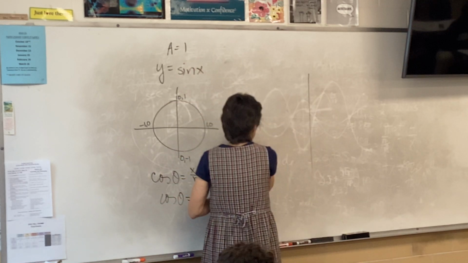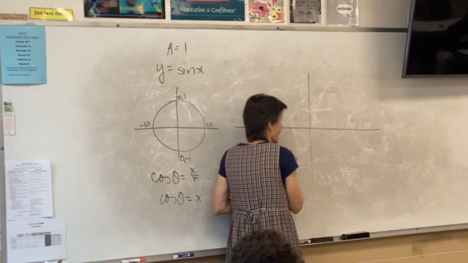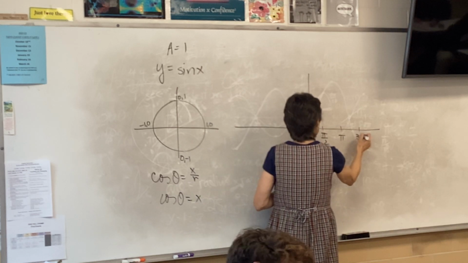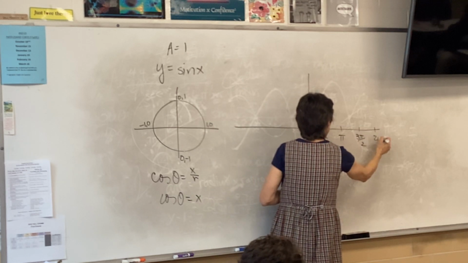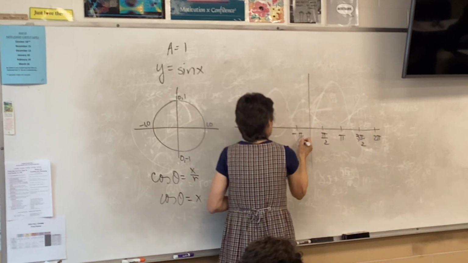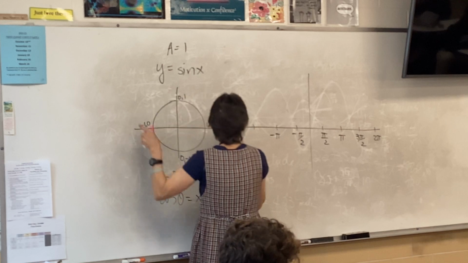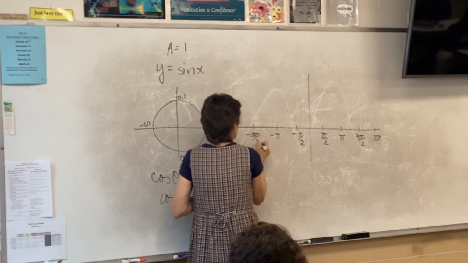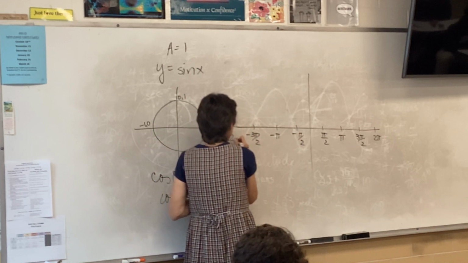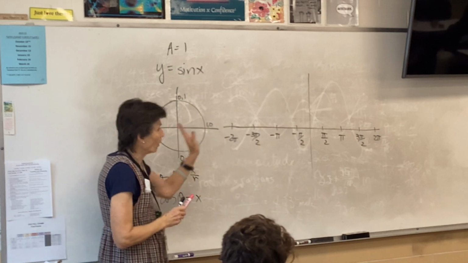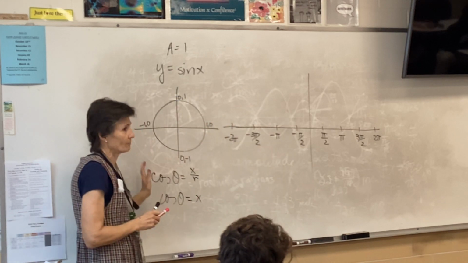Go ahead and label your x-axis with those same labels, quadrantal angles. These are the angles on the quadrants. And we could go around as many times as we wanted, but I'm just going once positive and once negative. That's enough.